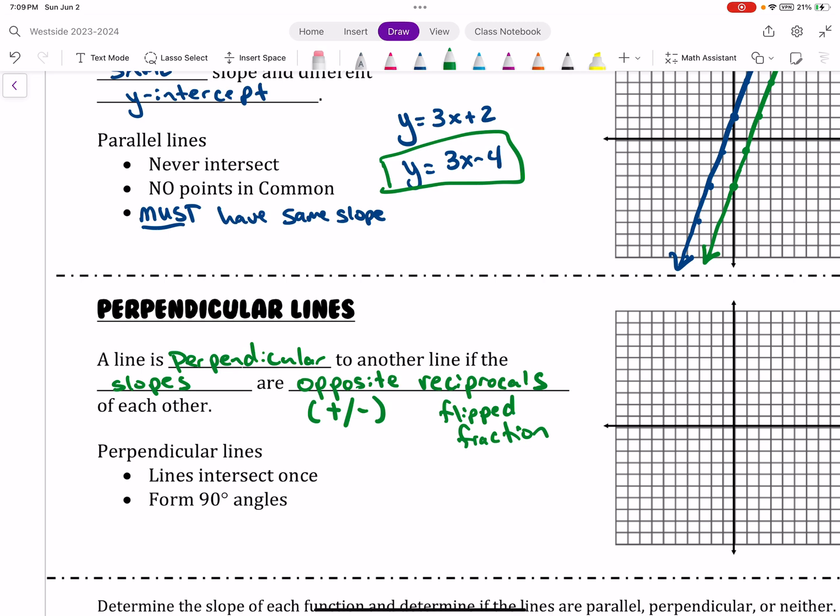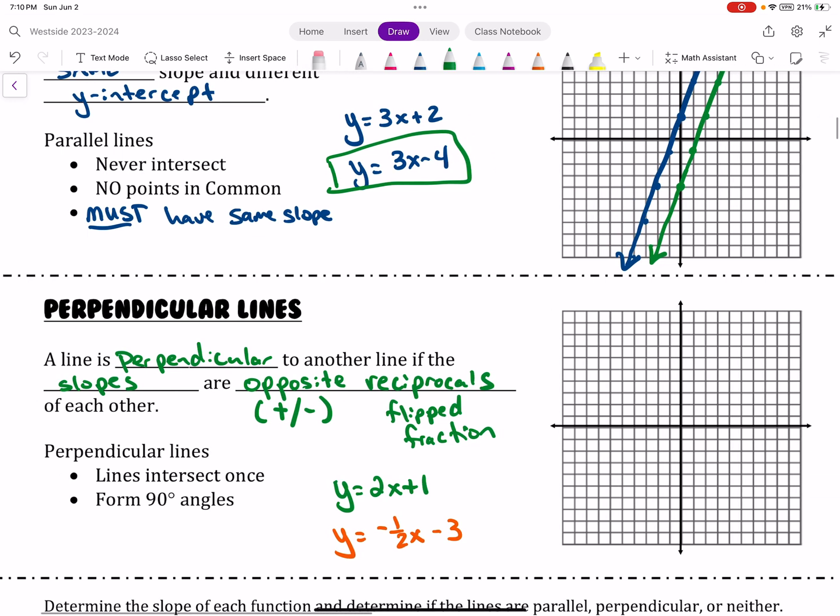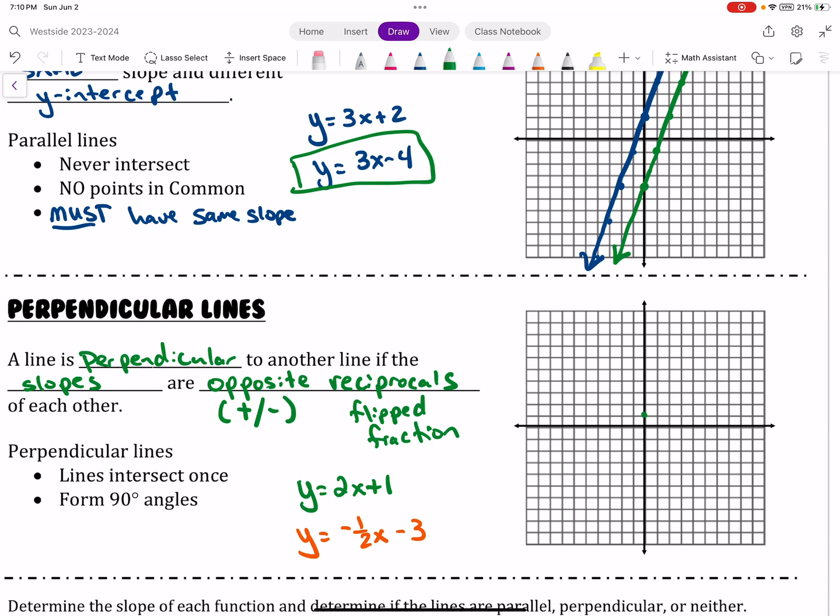This would be something like y equals 2x plus 1. Then we'll switch colors, and we'll go y equals negative 1/2 x. It doesn't matter about the y-intercepts on these ones, just the slope. I'm going to graph that top one in green. I'm going to start at positive 1 and go up 2 over 1. So my line would look like this.